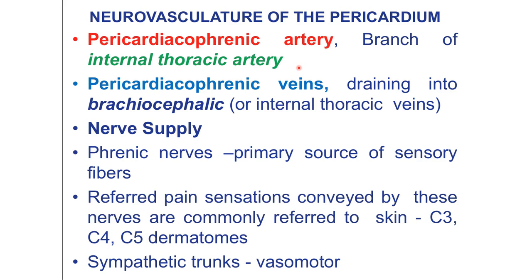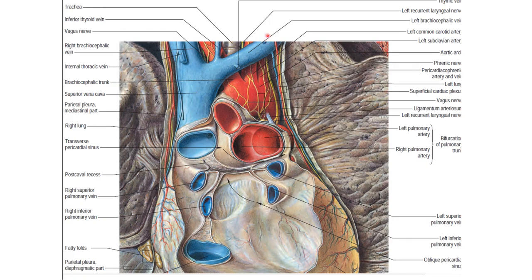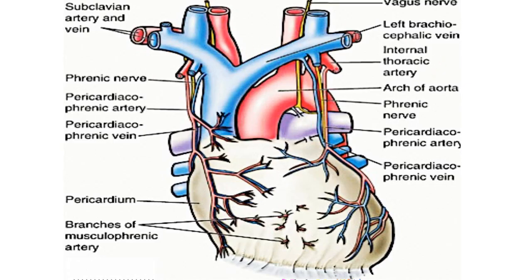This is the diagram showing the internal thoracic artery coming from the left and right subclavian arteries, and it gives this branch, called the pericardiacophrenic artery, that supplies the pericardium on both sides.